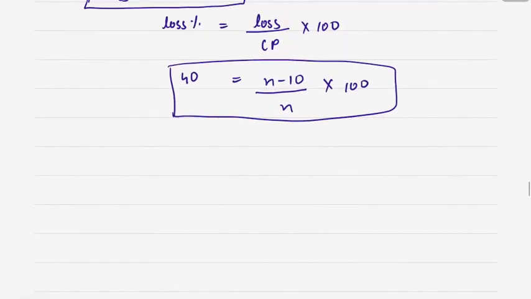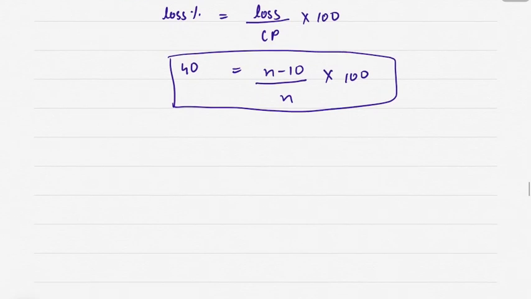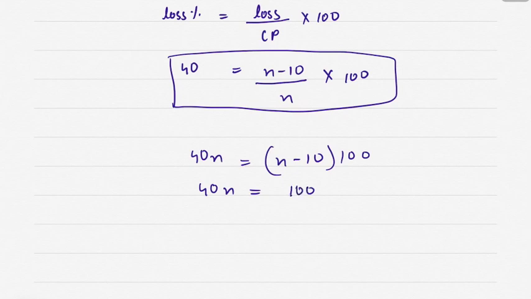Okay, now let's solve this equation. You have to find the value of n. So in this equation I bring n to the other side, so it will become 40n is equal to n minus 10 into 100. So 40n is equal to 100n minus 1000.